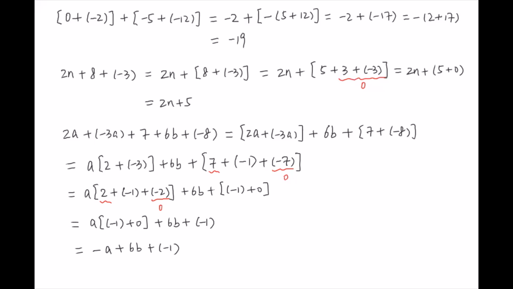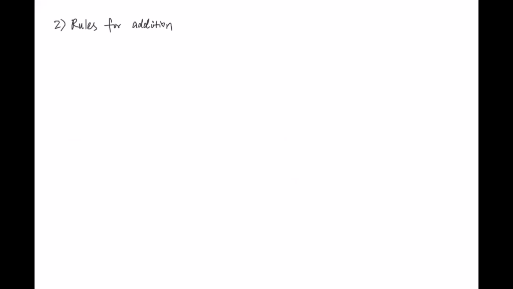Based on the properties of addition, we have the rules for addition, which are more efficient for calculations. For any real numbers a and b, if you want to calculate the sum of a and b, we have several different situations. For the first situation, a positive, b positive, then a plus b equals the absolute value of a plus the absolute value of b.